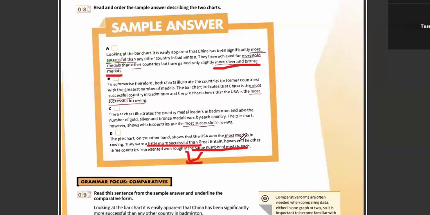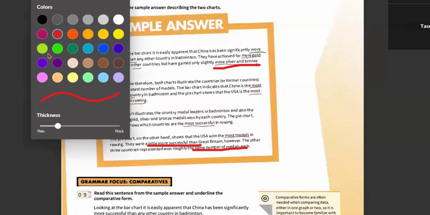So because they're using "each," it means that they are talking about the three countries and they're comparing the three countries and they're saying that there is no difference, but they got the same number of medals each. Because there are no differences among them, that is why "more" is not used. That is why "than" is not used. Understood, but there is still a comparison going on in here. Clear? Yes, I'm clear.